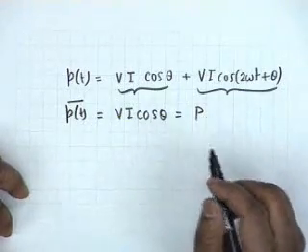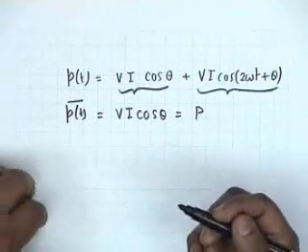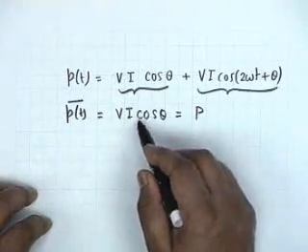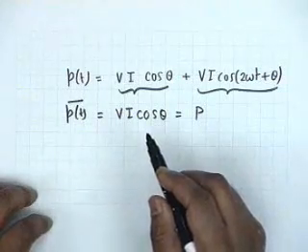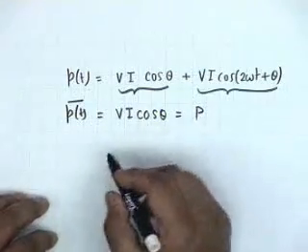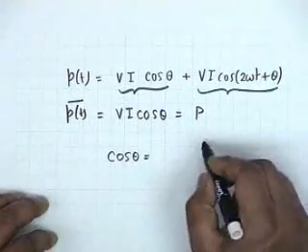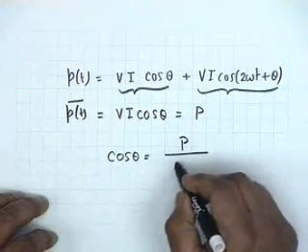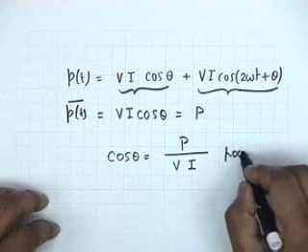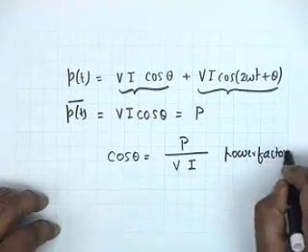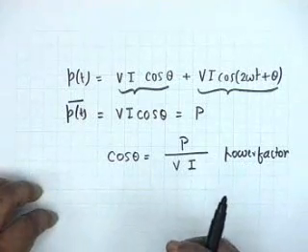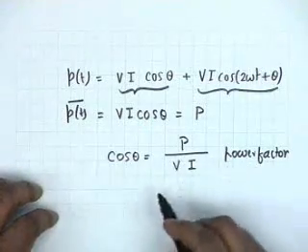You notice the modification compared to a resistive circuit. It is still the product of V and I, volts into amperes, but it is also multiplied by the cosine of the angle between the two phasors, the current and the voltage. This quantity cosine theta, which is the ratio of P to the volt ampere product, is called the power factor of the circuit. The ratio of the power absorbed to the product of voltage and current is the power factor.